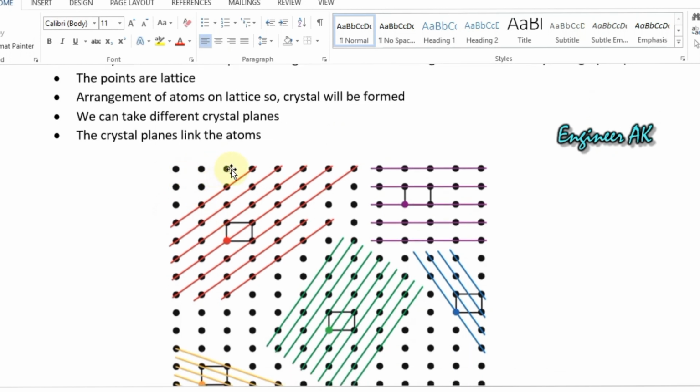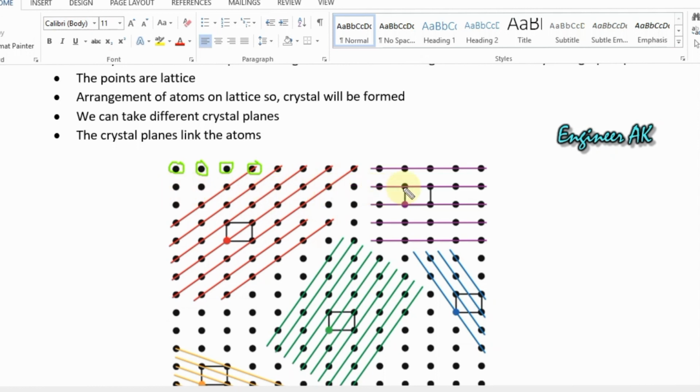If on these black points I set an atom, one atom here, let me show you. If I place atoms on these points, which are the lattice, a crystal will be formed.